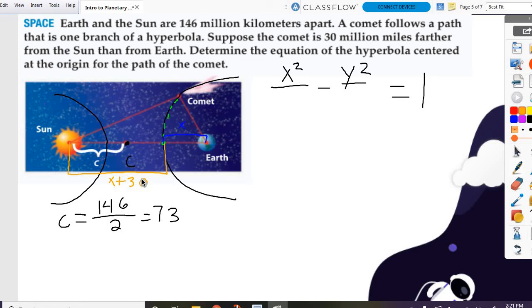But also notice that our hyperbola has to be symmetric, so this distance right here has to be x as well, because that would be to our other vertex. Those two have to be the same. If the whole orange part is x plus 30, and my blue part is x, then the portion in the middle has to be 30. And that's the important part.